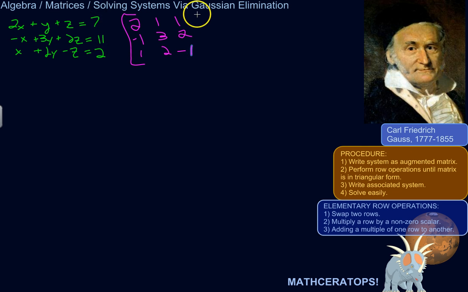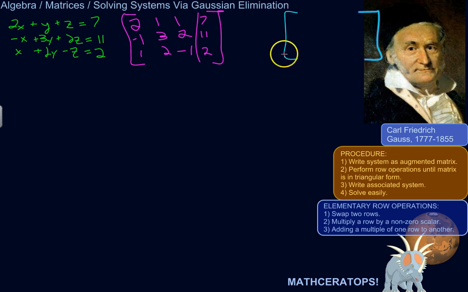And then let's write our constants here. It's the augmented part. Okay, so this matrix here represents the system of linear equations. We're trying to solve for x, y, and z. And the way we're gonna do that is we're gonna shoot for creating a triangular matrix like this. So I'm gonna put this in blue to show that it's our goal.